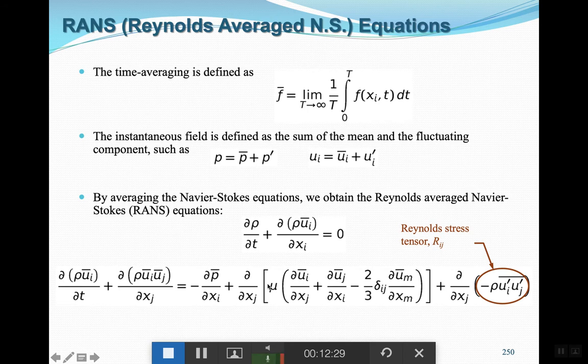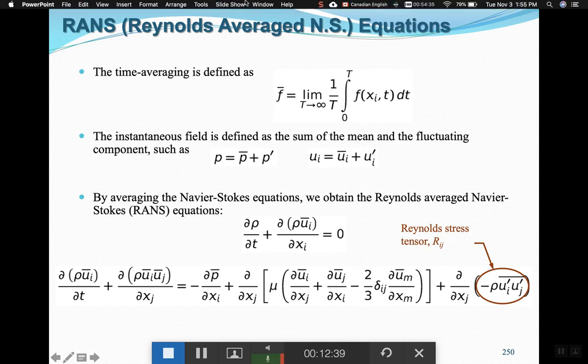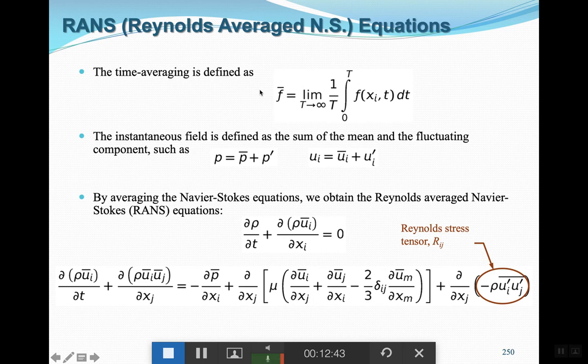Now, let's see what the RANS model is. In mathematics, any arbitrary parameter can be time averaged using an equation such as this. So you take a parameter f, you time average it, meaning you integrate it over a period of time, then divide by its period.